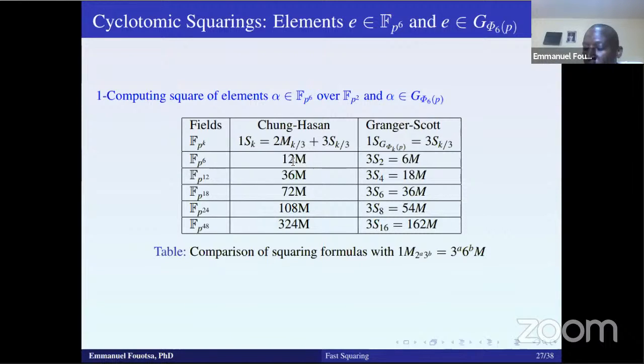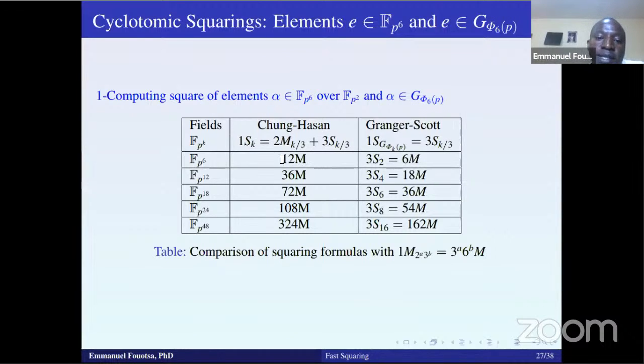So you see that we are moving from 12 multiplications to 6 multiplications, just because in this case we consider that the squaring that we are performing is in a cyclotomic subgroup. So this is what I wanted to present in the context of exponentiation for pairing-based cryptography.